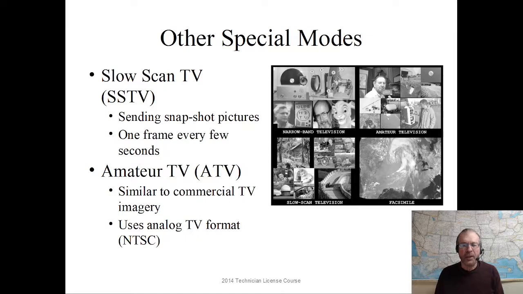So that's the old type of TV scanning. But in that kind of TV, you can have actual motion. You are not going to find this on the HF bands because it takes up far too much bandwidth. This is something for much higher frequencies like the UHF bands.